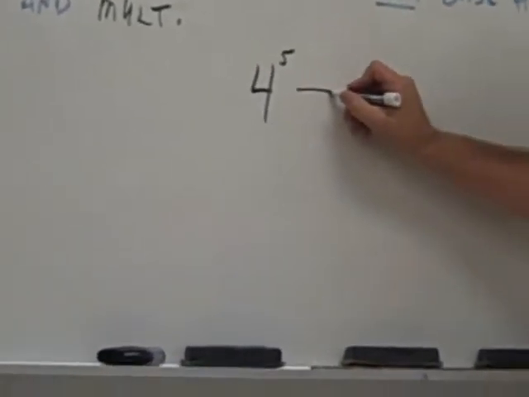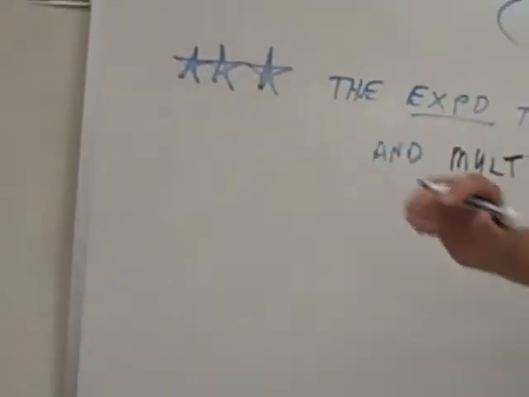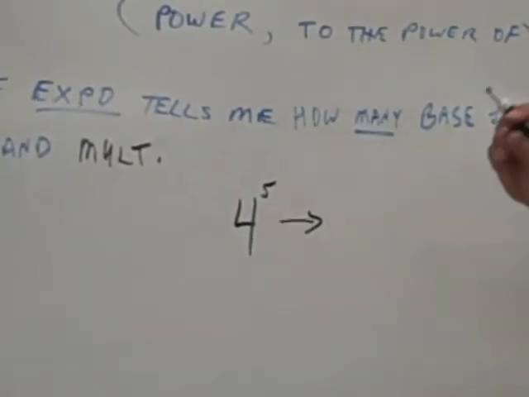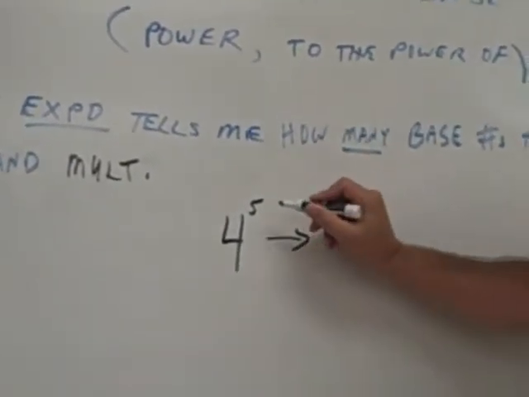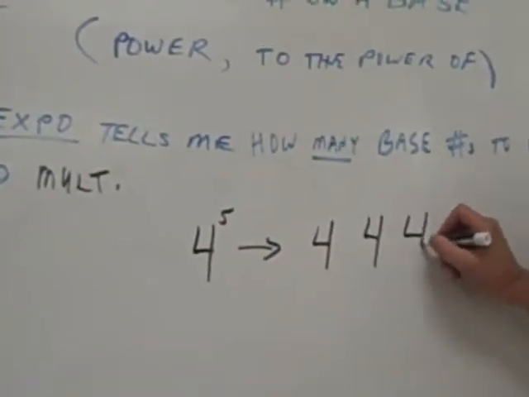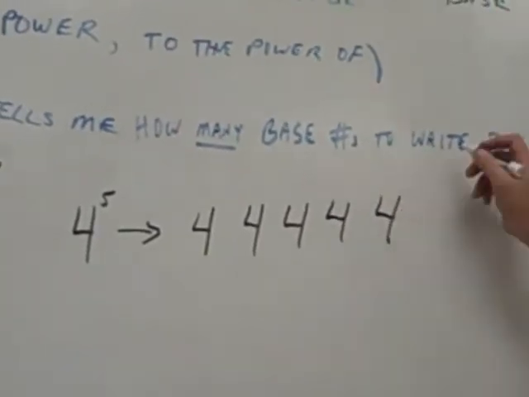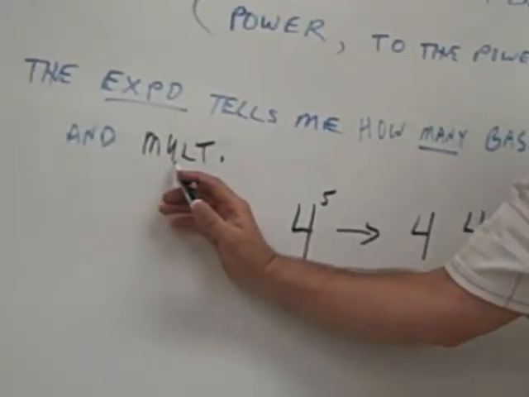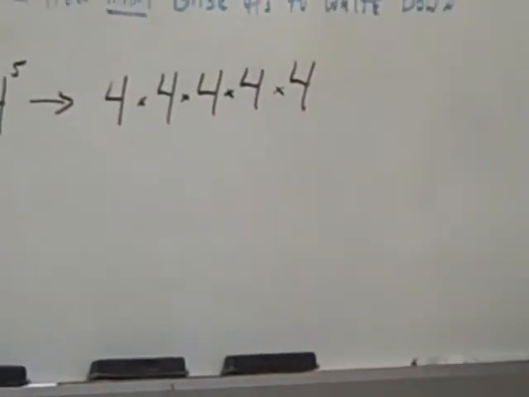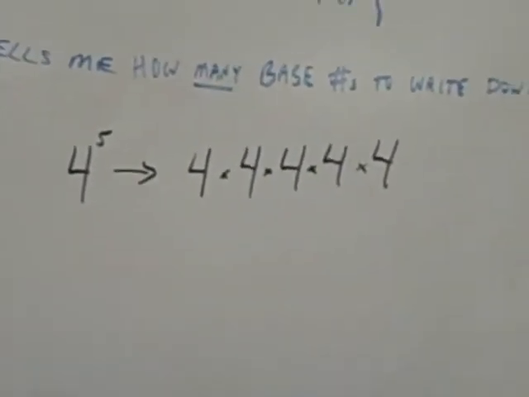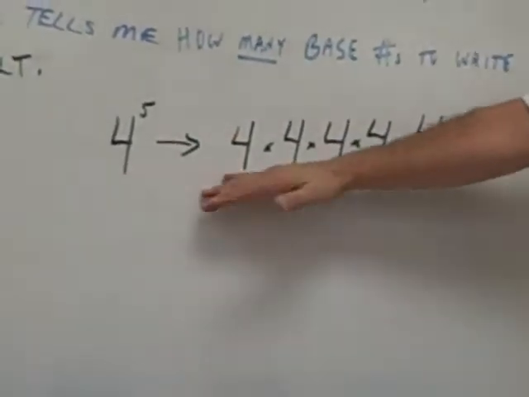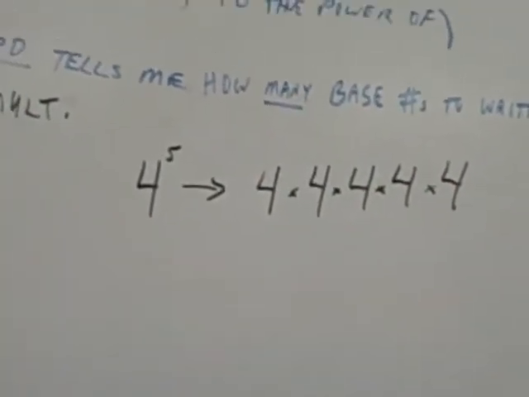So this means there are 5 4s written down. And I need to multiply, so put a multiply in between them. 4 exponent 5 means there are 5 4s multiplied together.